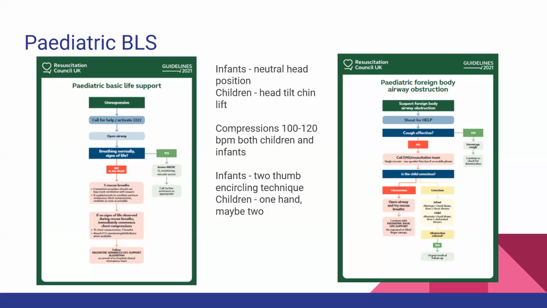And then a note on foreign body obstruction, which is always good to know. You do your same 5 back blows and 5 abdominal thrusts. For infants, the thrusts are chest thrusts, and it's the same technique as your compressions, the encircling.